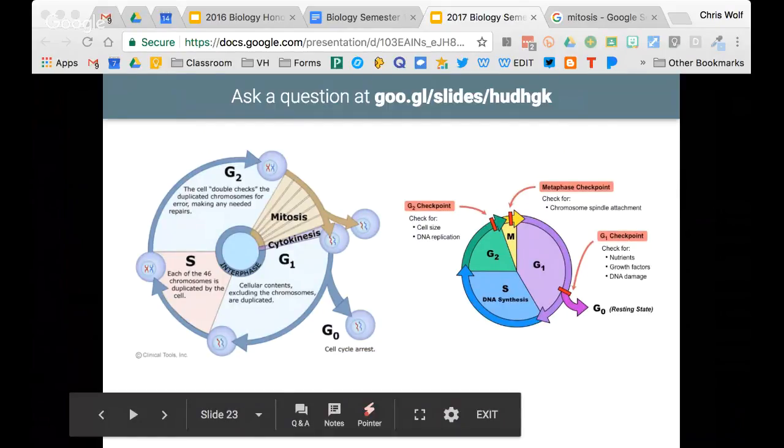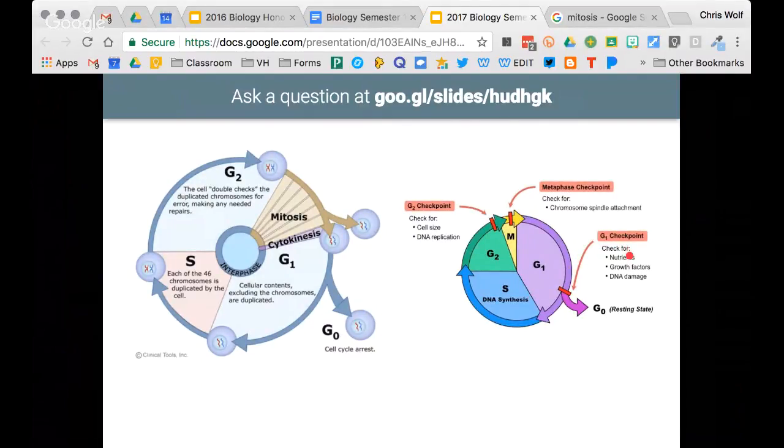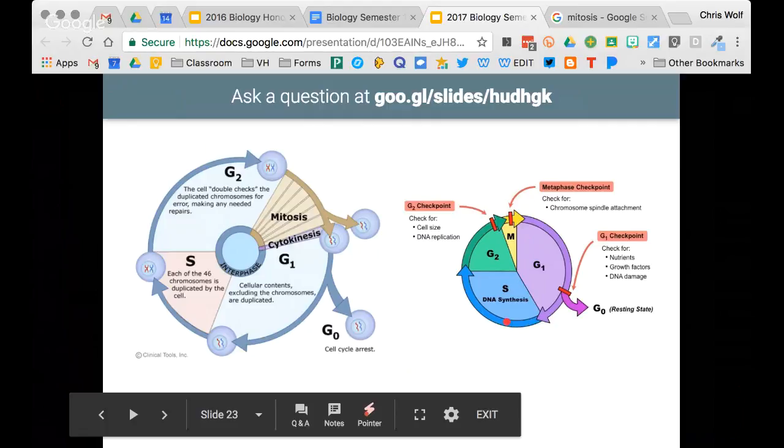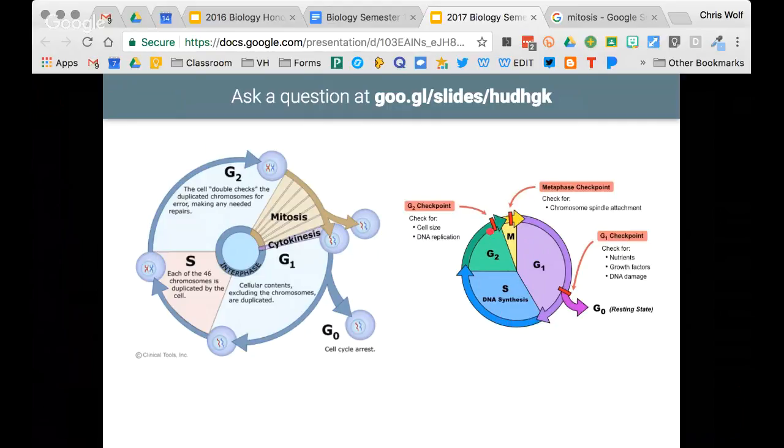And so checkpoints, we have three major checkpoints. We have the G1 checkpoint, which checks for nutrients. Is the cell healthy? Has the cell been growing? And is there damage to the DNA? If all those things are okay, it goes to the S phase and copies its DNA. Then we go to the G2 checkpoint. Is the cell still big enough? And has the DNA been replicated properly?